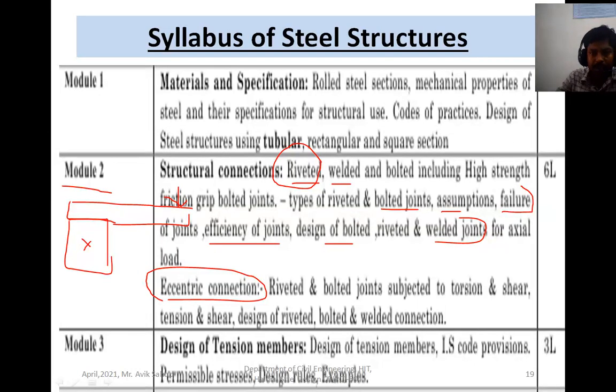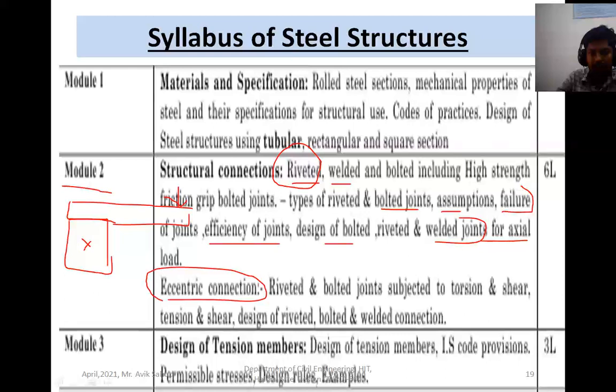And you see that another is the axial connection. For axial load the connections are made, and another is the eccentric connection, which means moment comes. So how we have to make the connection, that I shall discuss.